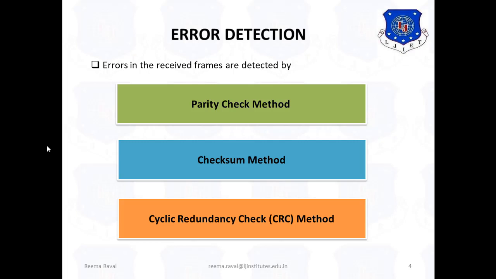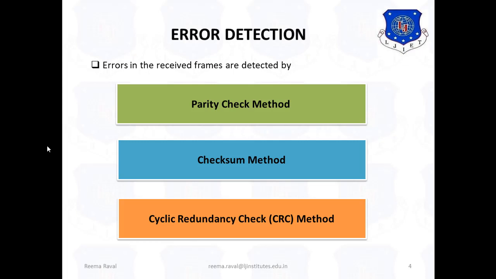Now what is the difference between error detection and error correction methods? Error detection methods are used when there is a need of only detecting the errors. They are not useful for correcting the error, but only for detecting those errors, that means where the error is present.